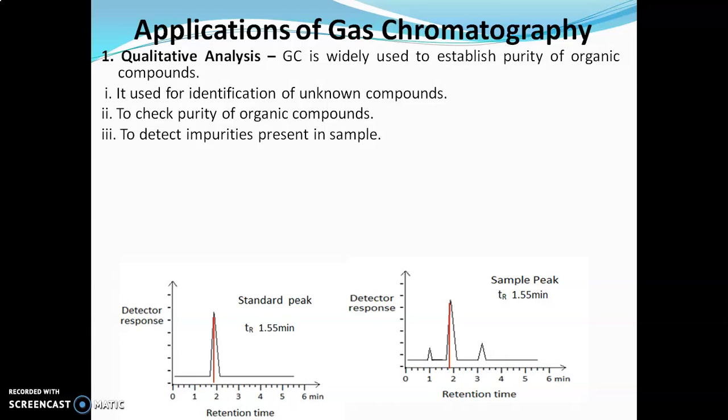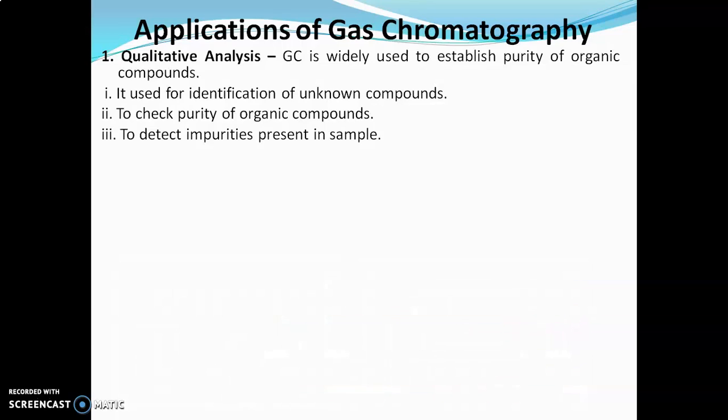But in the sample chromatogram some additional peaks are present which are not there in the standard chromatogram. So we can say that some other substances, some impurities, are present in our sample. So in this way we can identify the presence of impurities.